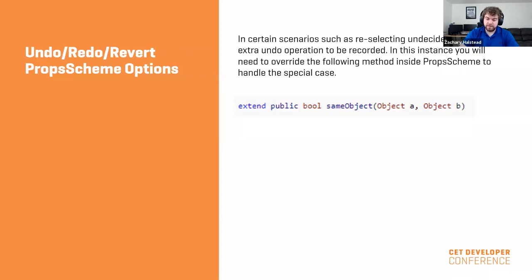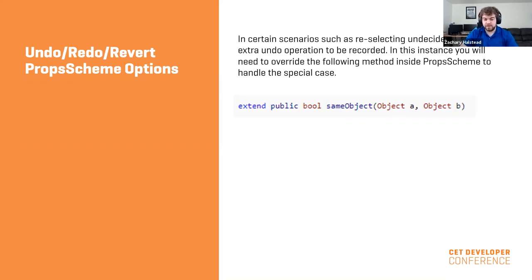And then there are some special cases where you might need to override same object in the prop scheme to enable undo, redo, and revert working properly. There are some instances where an undecided option can cause multiple undos to get into the undo chain, and that's not really desirable because you really just want one.